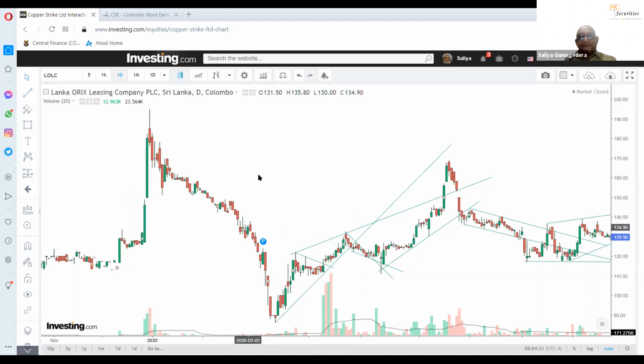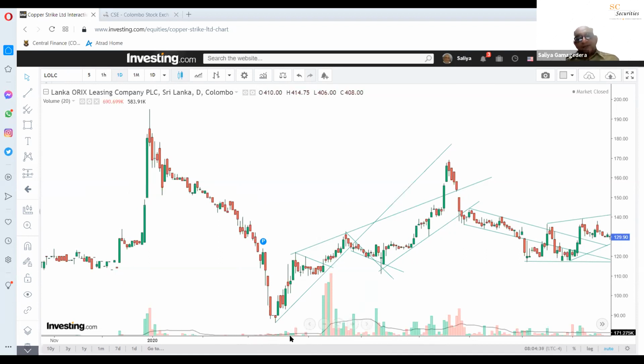But at this point, whenever we are looking at the candles, we are very, very critical in looking at the volumes, right? Now, this line that you can see in gray is the average volume line, right?